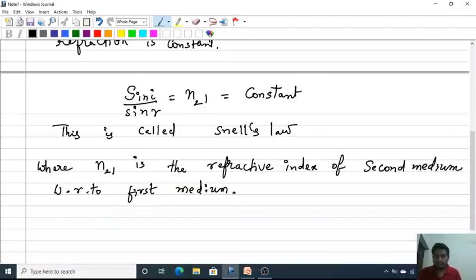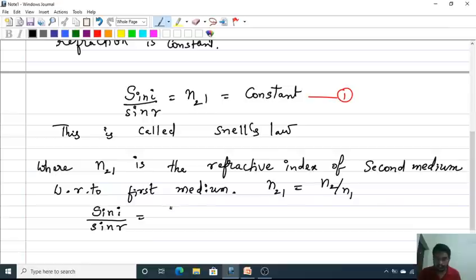Okay, here this can also be written as n21 is equal to n2 by n1. So this equation number 1 can also be written as sin i by sin r is equal to n2 by n1.